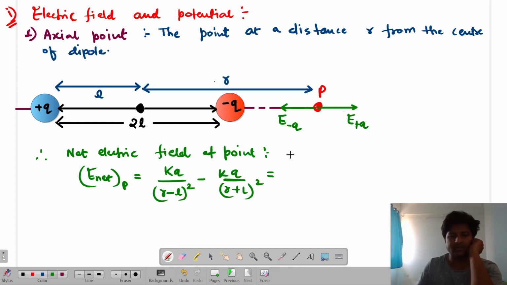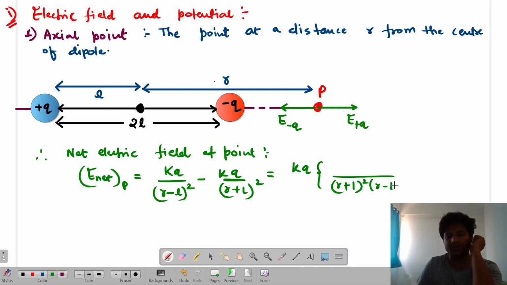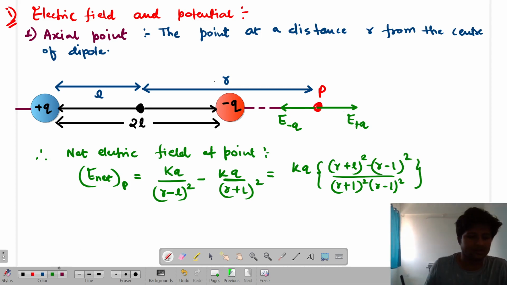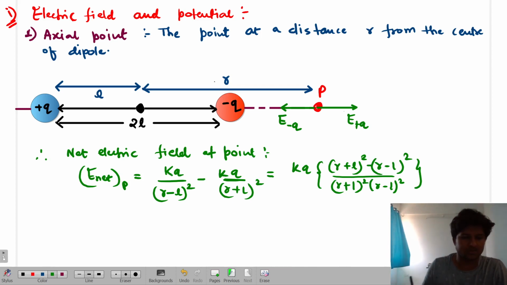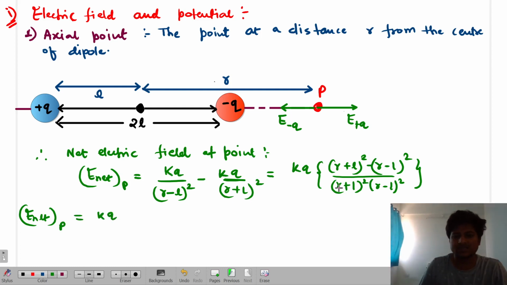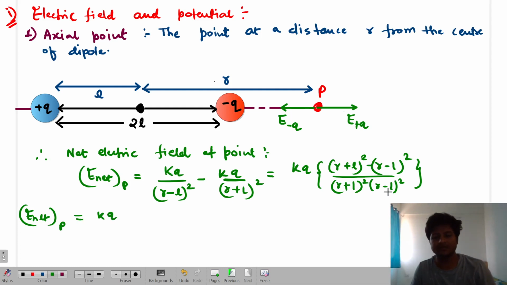So now look over here, what will this electric field be? KQ common. I can take (R plus L) whole square times (R minus L) whole square in the denominator, and in the numerator, (R plus L) whole square minus (R minus L) whole square, isn't it? So what do I get over here? Simply KQ, and this is of the form A plus B into A minus B, isn't it?